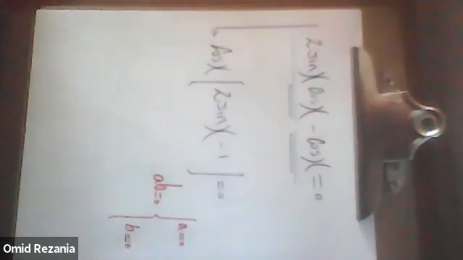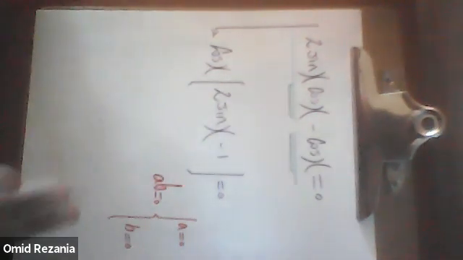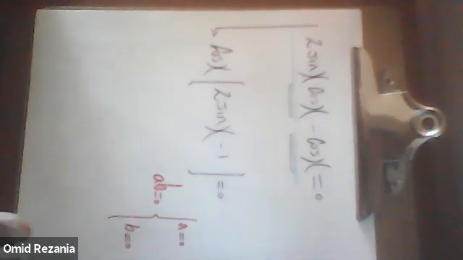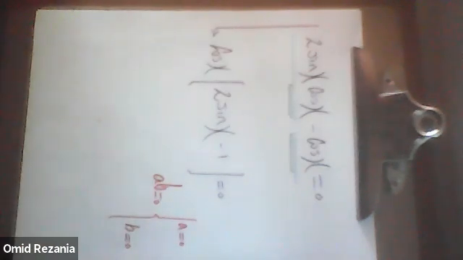It doesn't matter how long the expressions are. When they are multiplied together, A times B, and they become 0, it gives you the clue that either A should be 0 or B should be 0. I have the same scenario here.